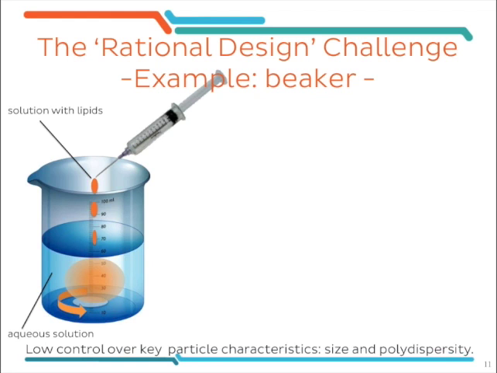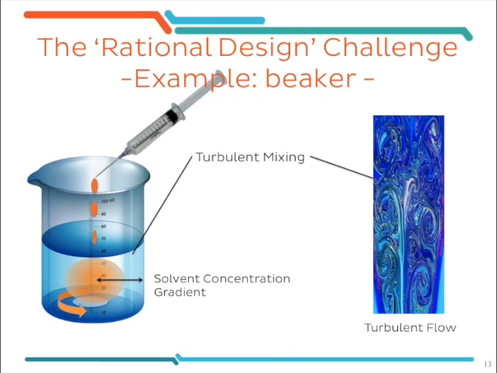And this is done under constant stirring, usually with a magnetic stirring bar. Now, the change of polarity from the apolar organic solvent, so the ethanol, to the polar aqueous solution, which would be the buffer, allows the lipid to self-assemble into organized structures such as vesicles or micelles.